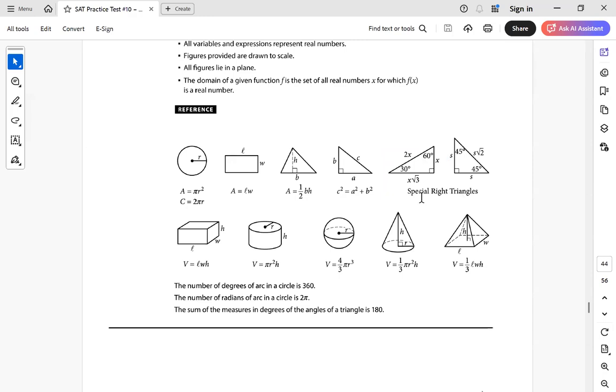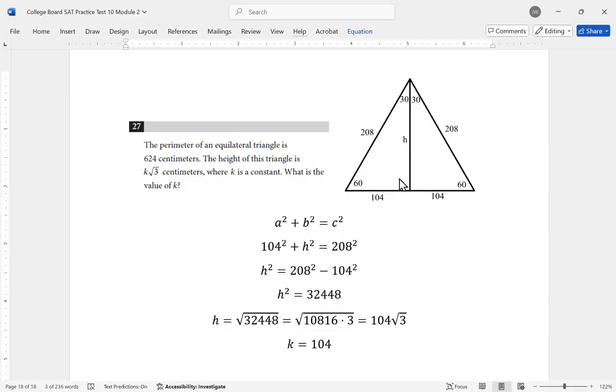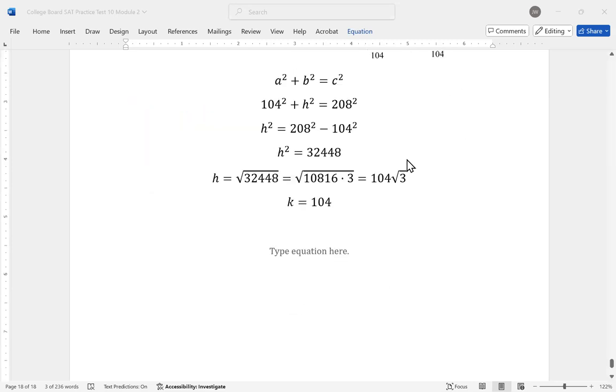And if I was able to notice that this was a 30, 60, 90, then I could see that this leg is going to be x times square root of 3 when this other leg is x. So if you wanted to, you could have also said, well, this leg is x, that's the 104. The other leg, therefore, has to be 104 times square root of 3.